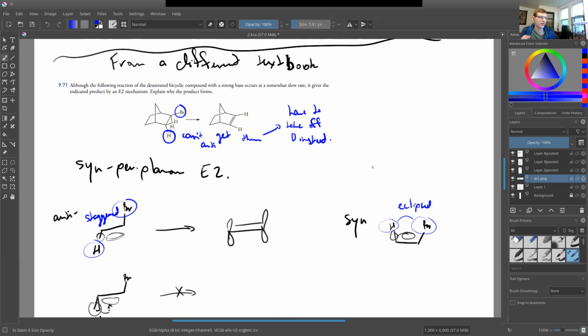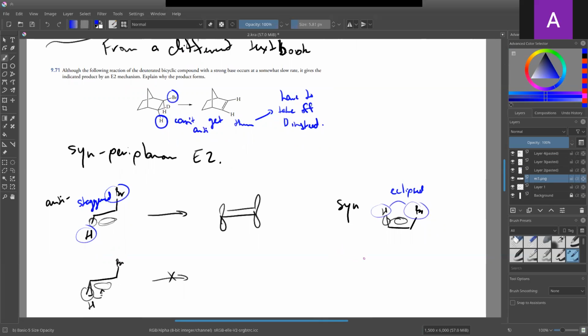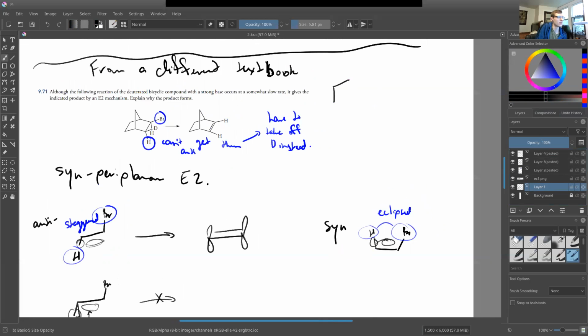I imagine that if they gave a problem like this, they might give you the product and say explain why it happens, in which case this is the explanation. In this case, the reason it's locked is because of the bridge.